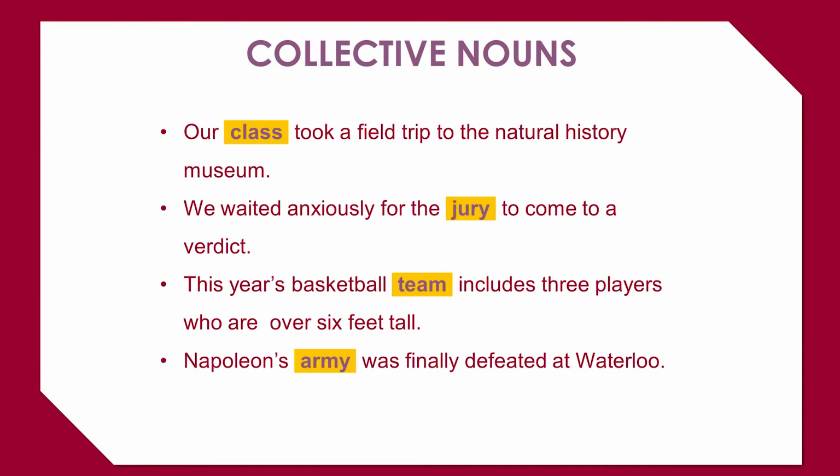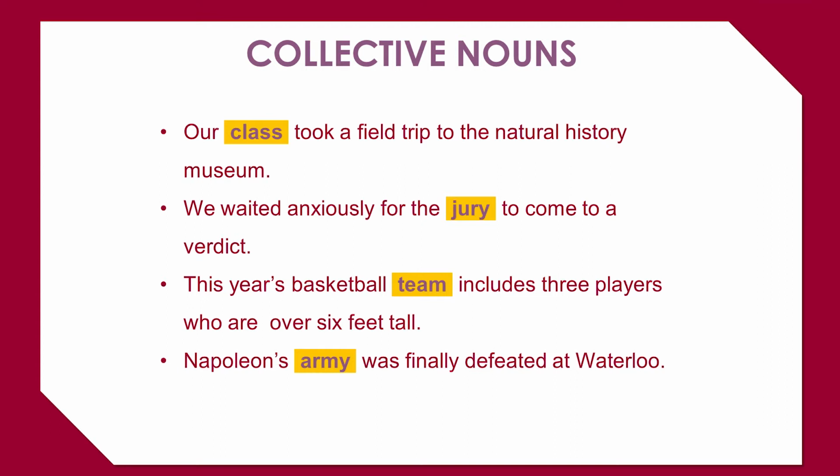Collective noun examples. Remember that nouns are words naming people, animals, places, and things. Collective nouns are in a class all their own. Once you have read these examples, you will find it much easier to recognize collective nouns when you see them. Now let's look at these examples.